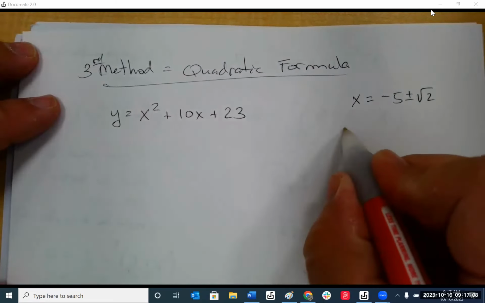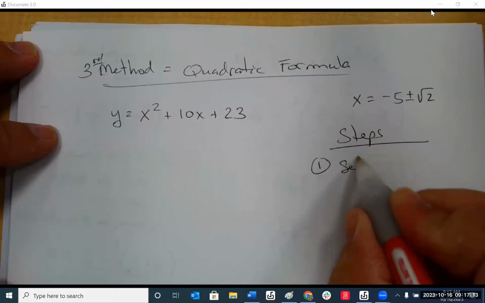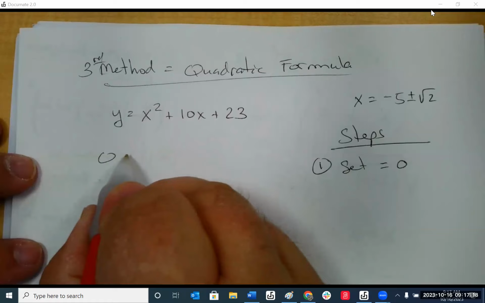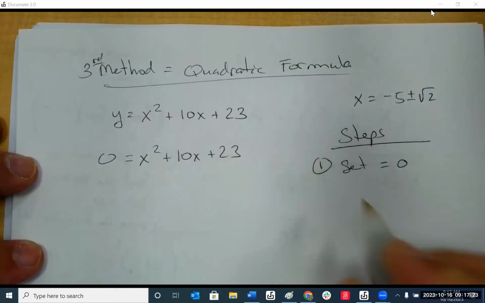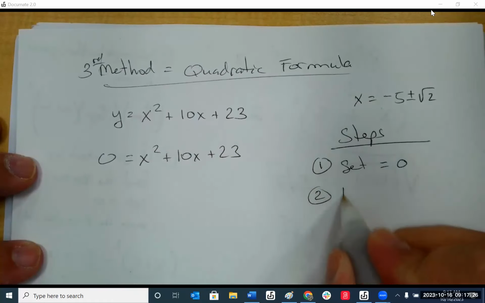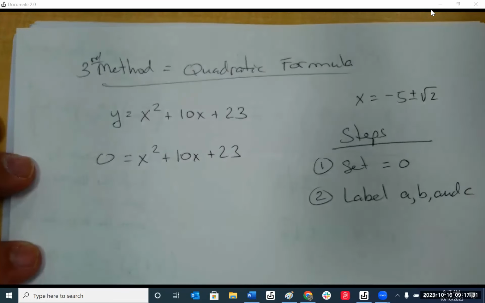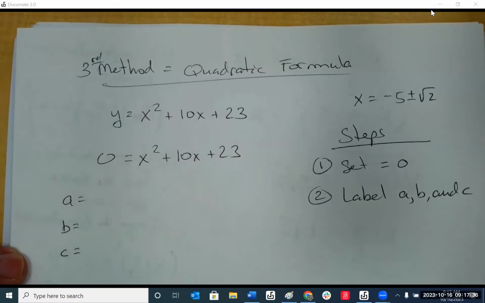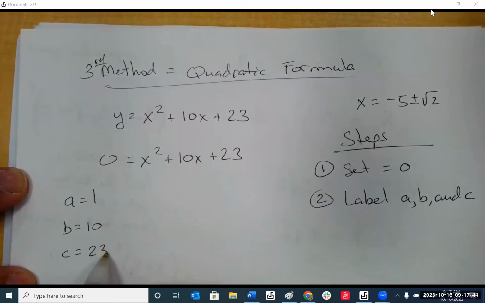So the quadratic formula, here are the steps. Set equal to 0. In other words, everything has to be to one side. Label A, B, and C. So A equals 1, B equals 10, and C equals 23.